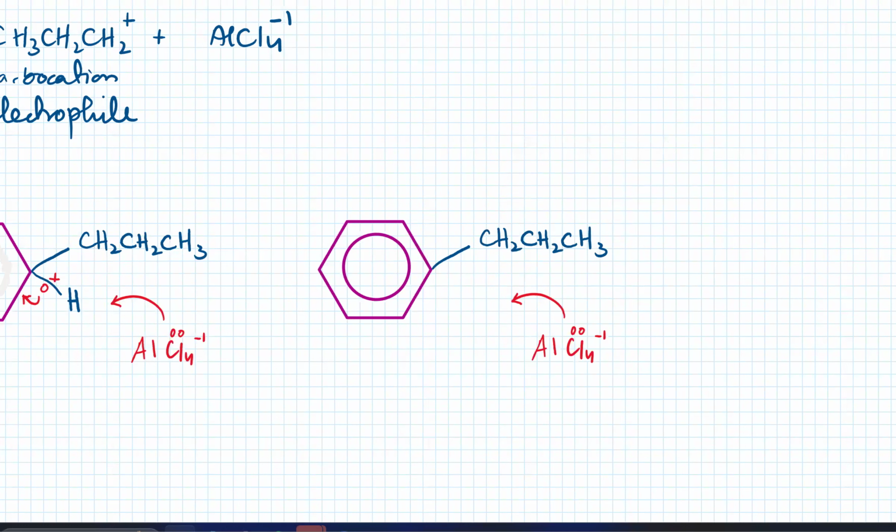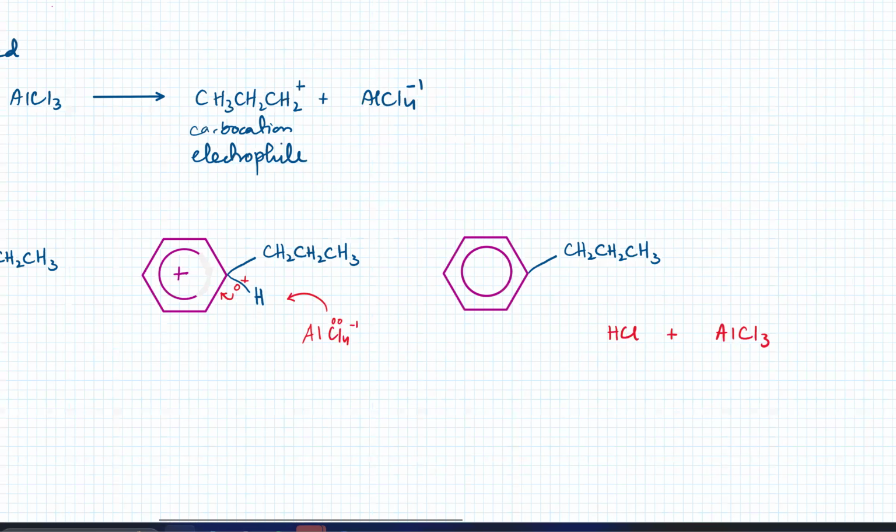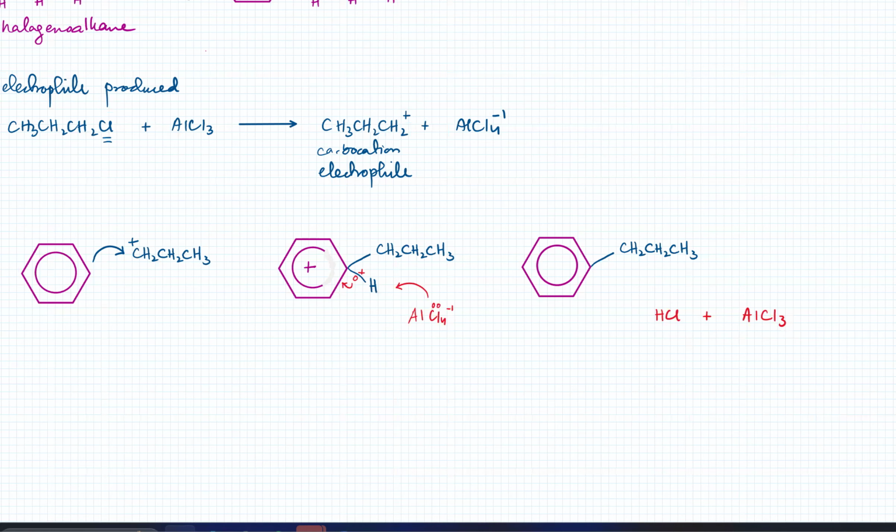And where did the H go? The H ended up getting attracted to the Cl over here. It will form HCl. And the AlCl4 turns back into AlCl3. So the catalyst reforms. Okay, so that's how your carbon chain gets attached to benzene.